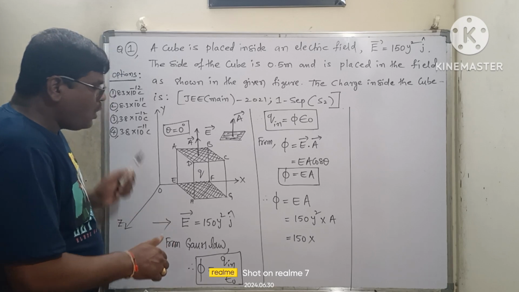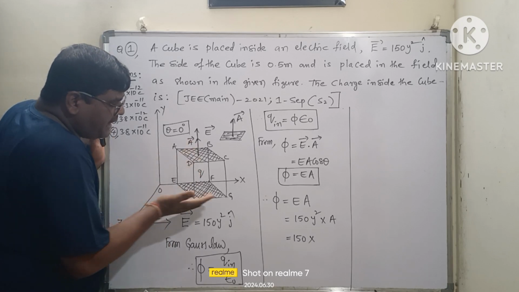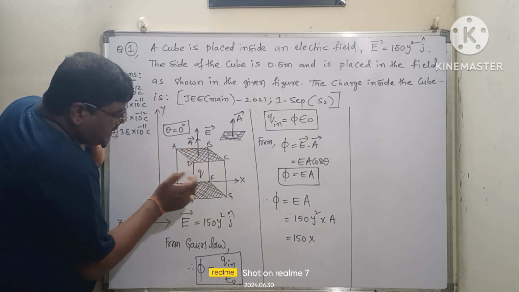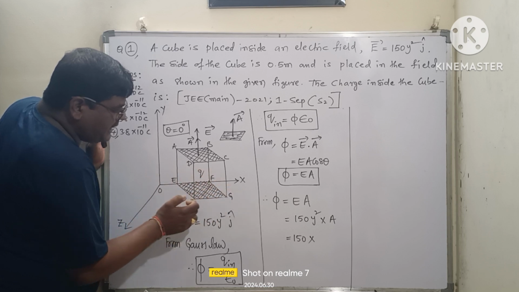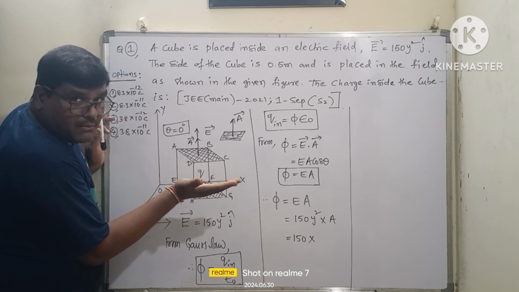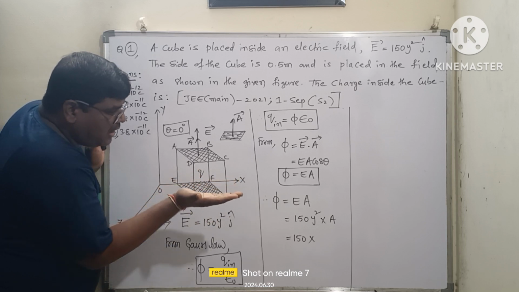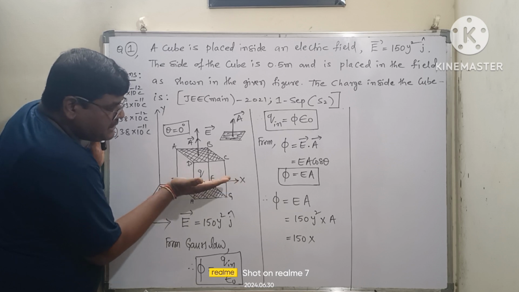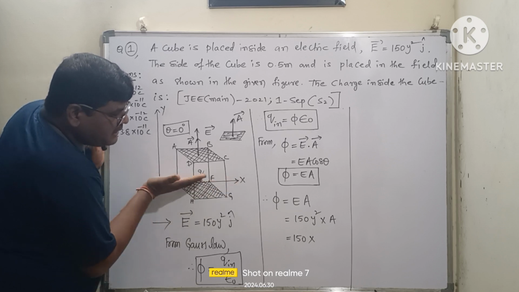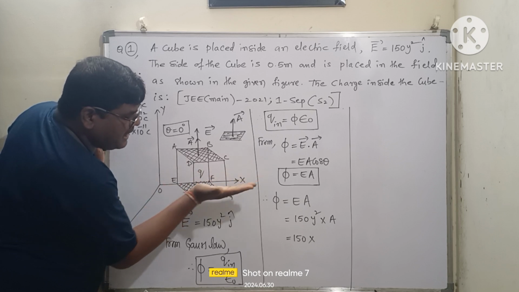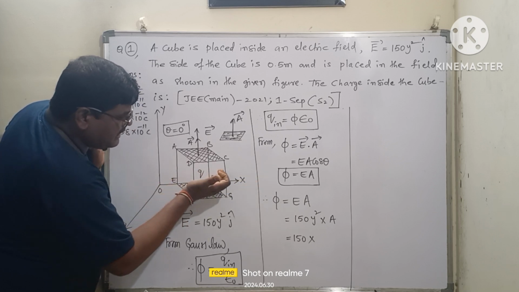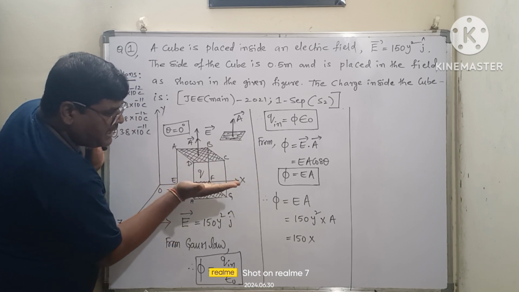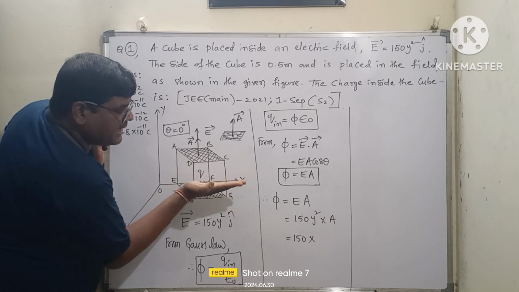For the electric flux, this is the plane here. E, F, G, H is one plane which is along the x-axis. Understood? This is the x-axis, and E, F, G, H is the plane along the x-axis.